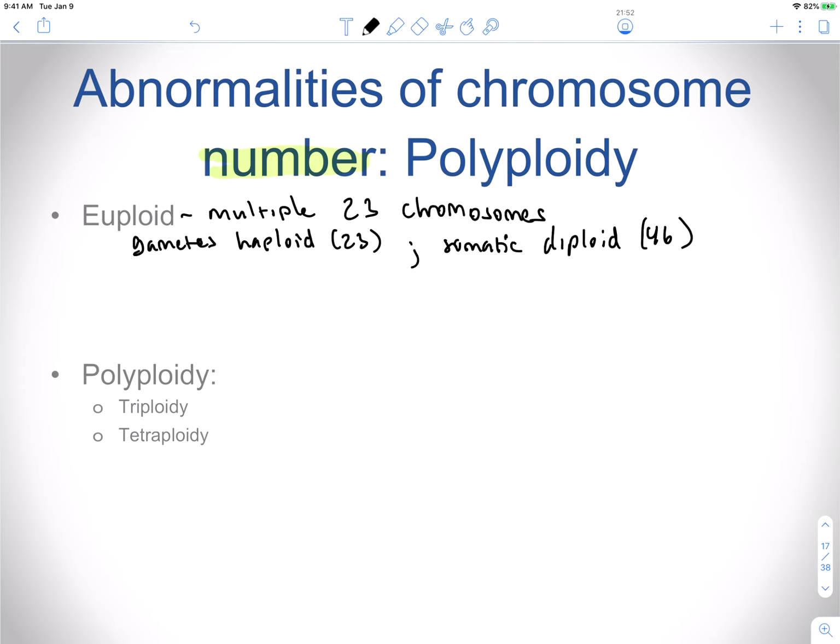A polyploid is going to be the presence of extra chromosomes in a cell. Polyploidy is still euploid, since it's going to be in multiples of 23. So this is going to be an extra set of chromosomes. So you have triploidy, which is where you have 69 chromosomes.